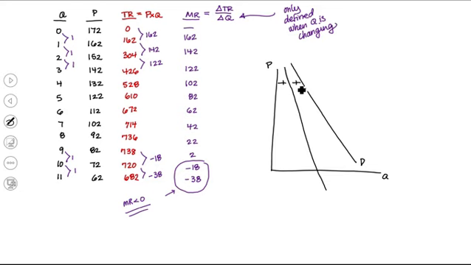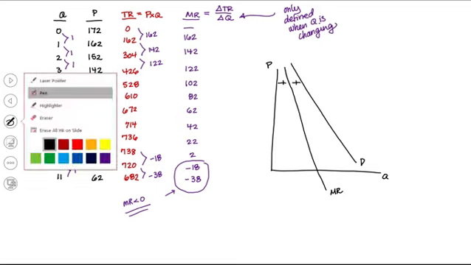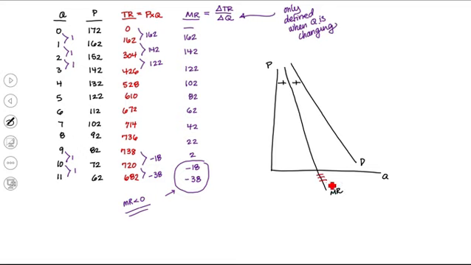So it kind of cuts the area in half, and it's got double the slope. So my marginal revenue curve looks like this. And we see that marginal revenue actually becomes negative.